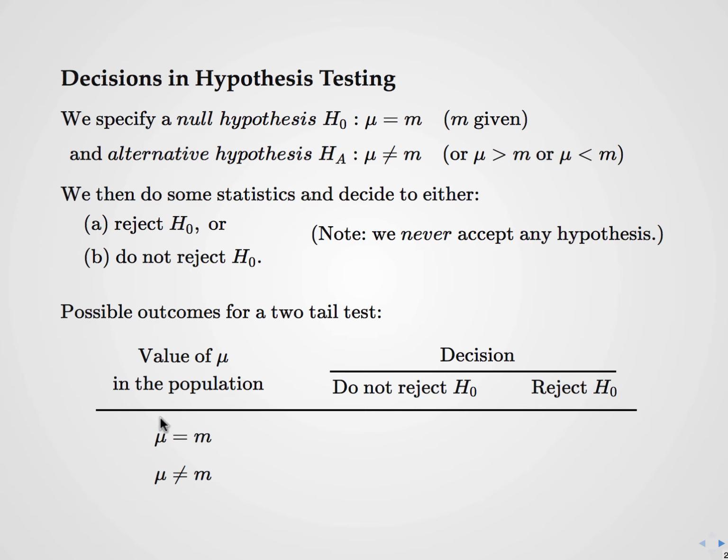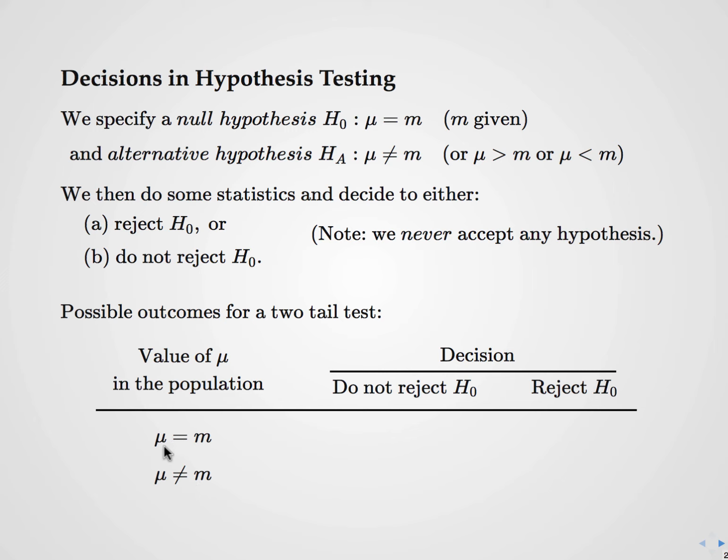Now, in the population, there is some true value for mu that in general we don't know, obviously. That's why we're testing a hypothesis about it. But in the population, this value for mu has a true value, and that true value is either equal to m or not equal to m. Now, we don't know which is which.